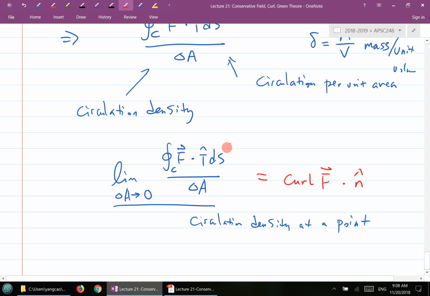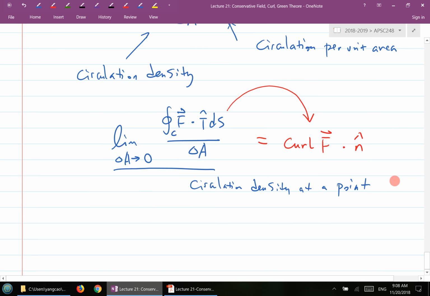The idea is, if you do this limit, you will get this. Is that clear? I want you to compare these two here. Get back to the most basic one: what does a vector dot unit vector give you?